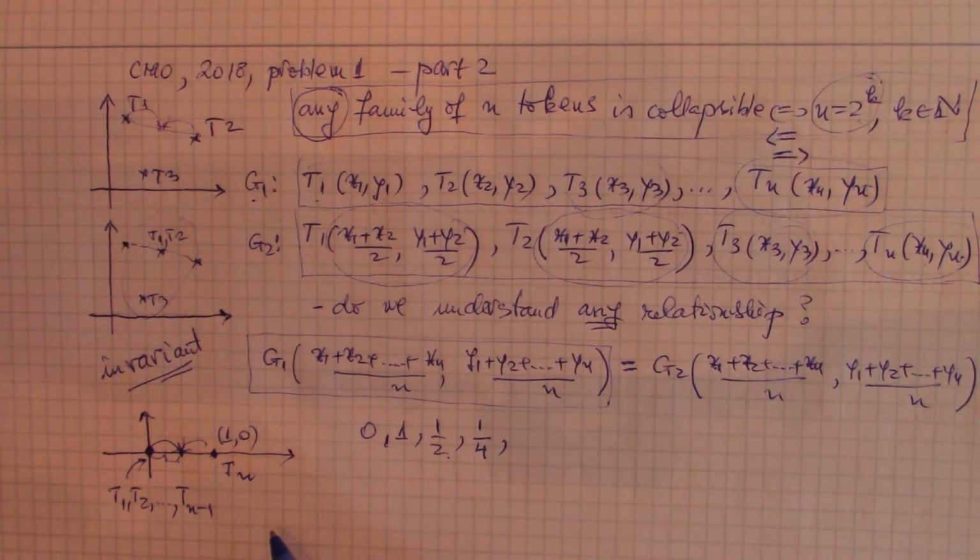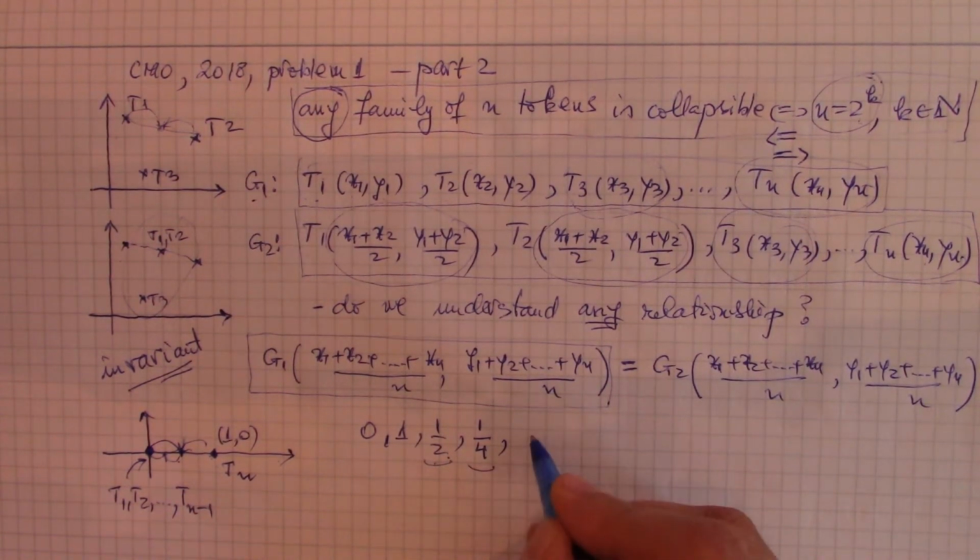Okay, so now what are we going to do? Well, we take again one of these tokens from one position and another one from another position. So we can see that, for example, if we take one token from 1 over 2 and one token from 1 over 4, we get 2 tokens actually at coordinate 3 over 8.